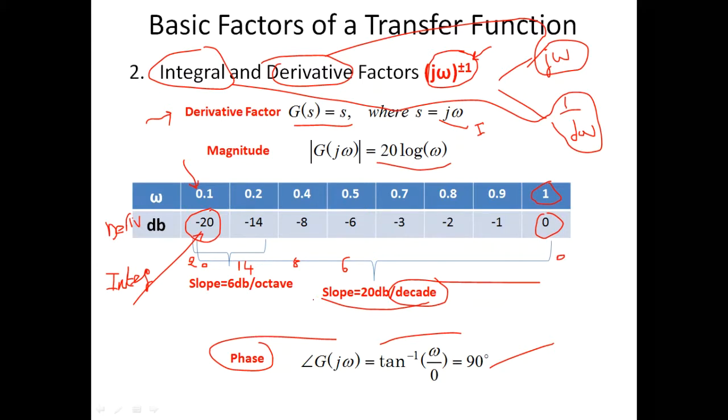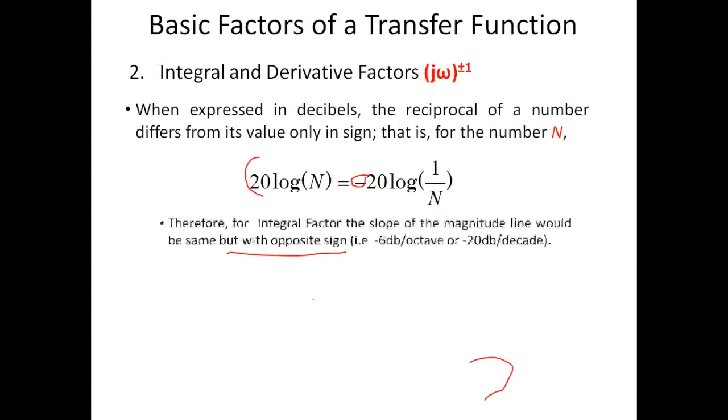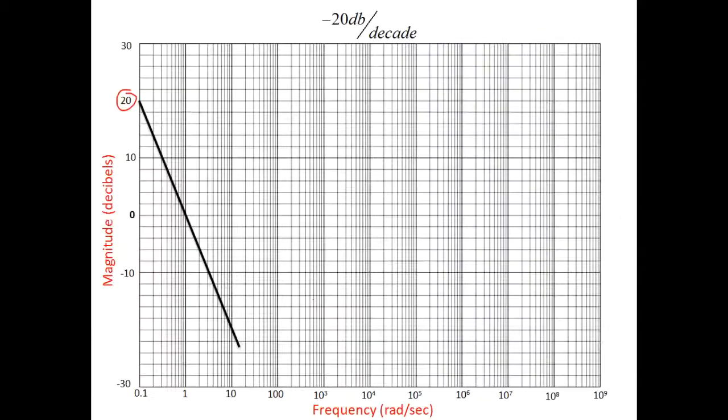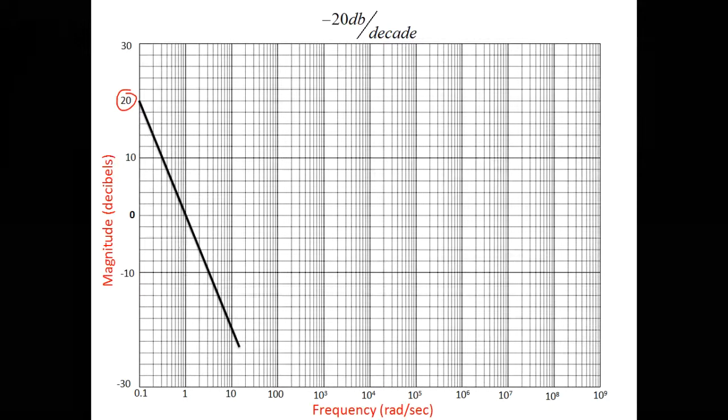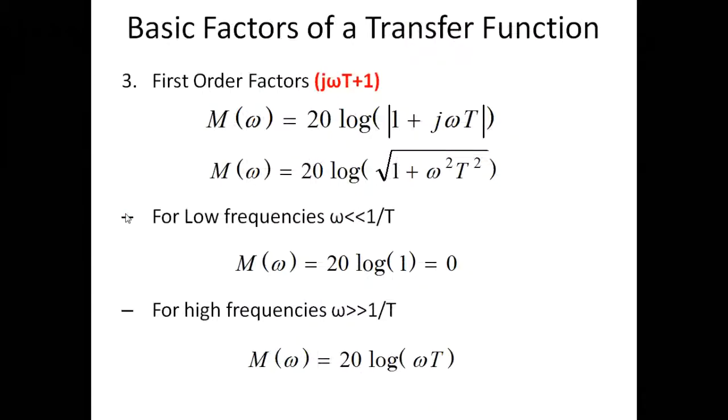So the slope will be minus 20 decibel per decade. And this is the decade, from 20 to 0. And for the phase, it will be minus 90 degrees, as shown in this figure.